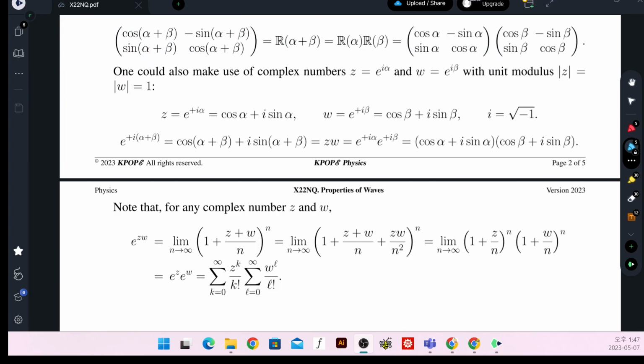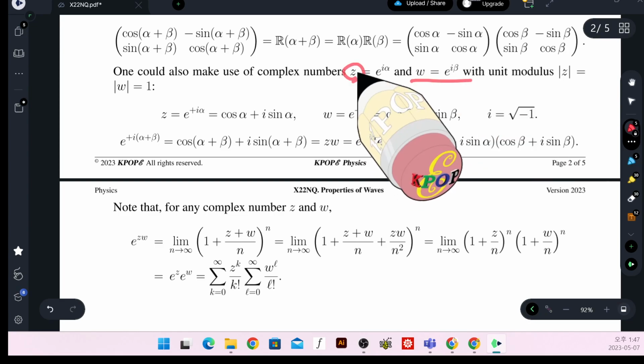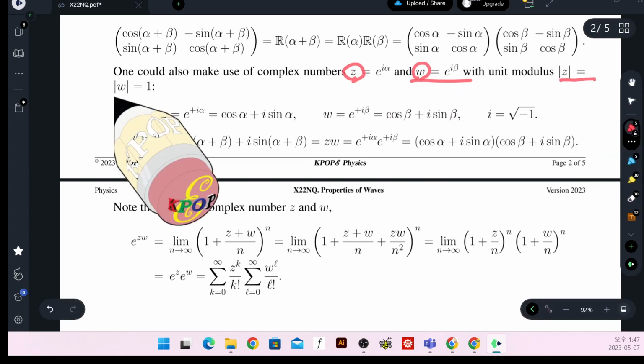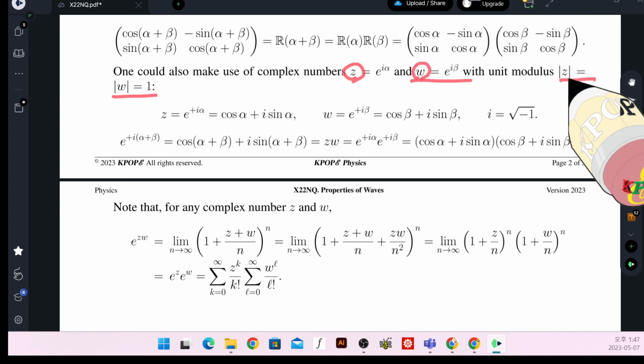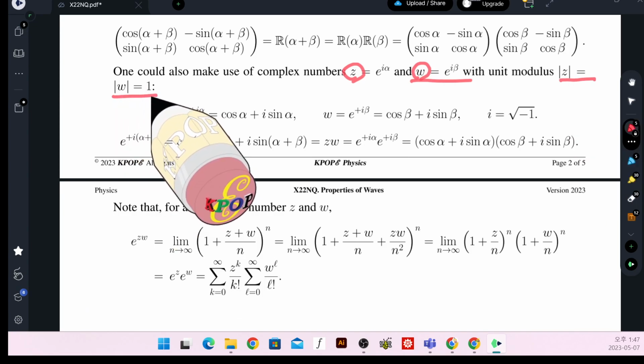Okay, I have corrected this one. I have two complex numbers of unit modulus. The absolute value of each complex number is 1.